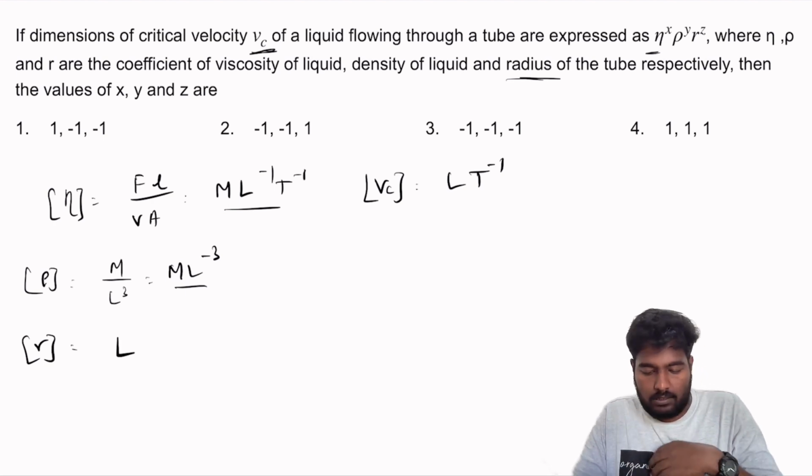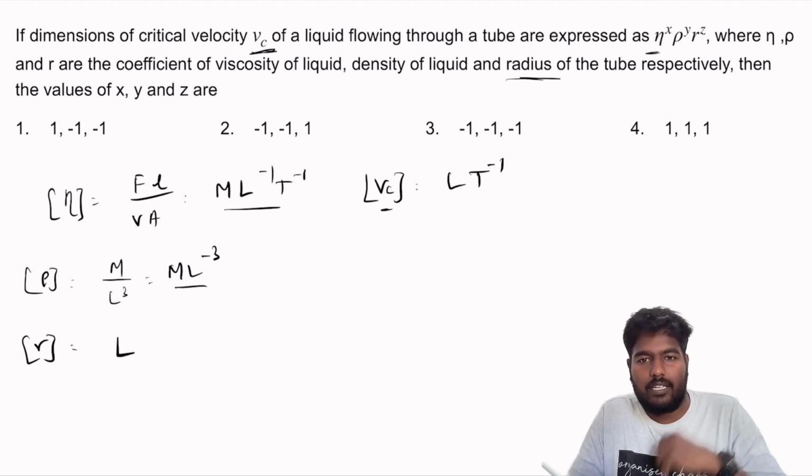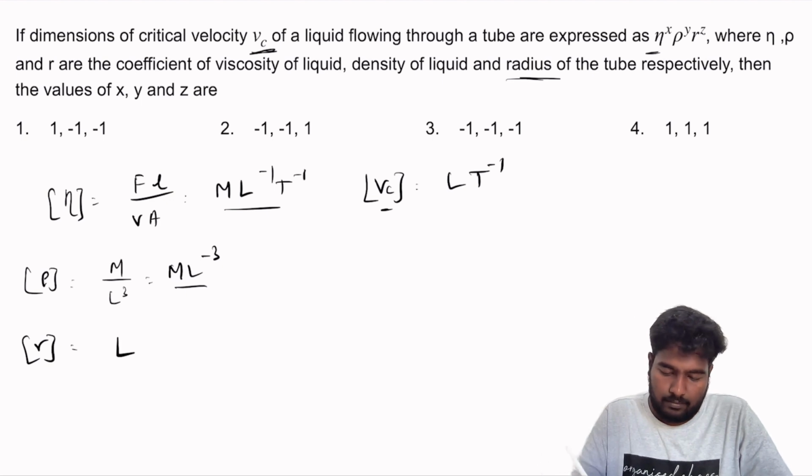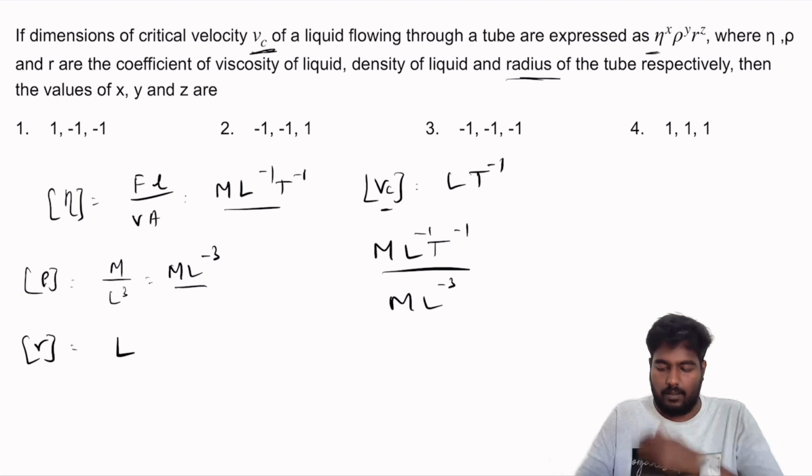One thing we have to notice is that only eta and rho have mass, and we do not need mass in the critical velocity, so they have to cancel each other. So one has to go in the numerator, the other in the denominator. So let's put eta in the numerator, M L^-1 T^-1 divided by M L^-3. Now mass and mass cancel.